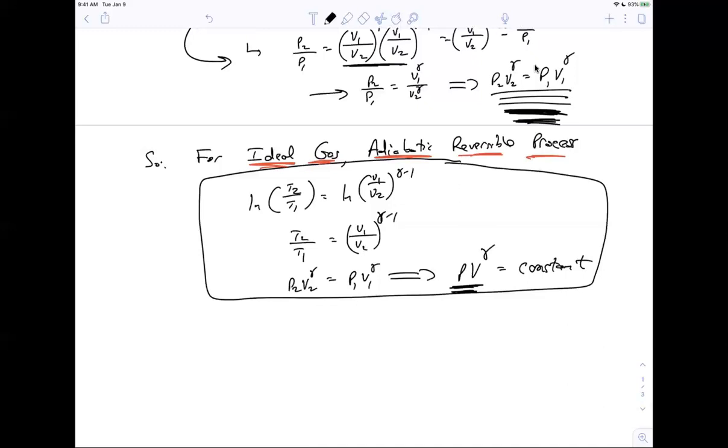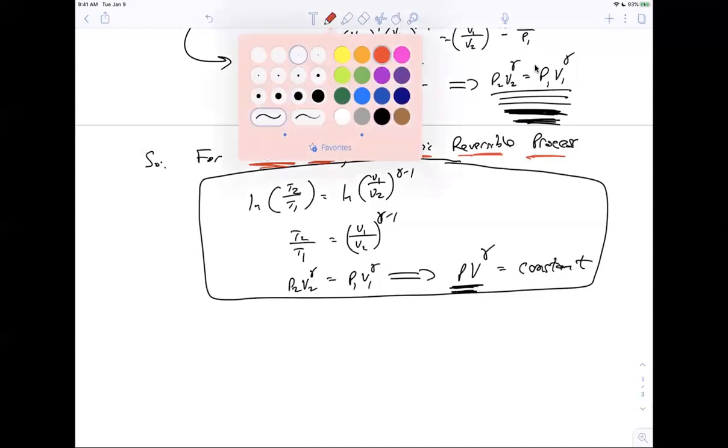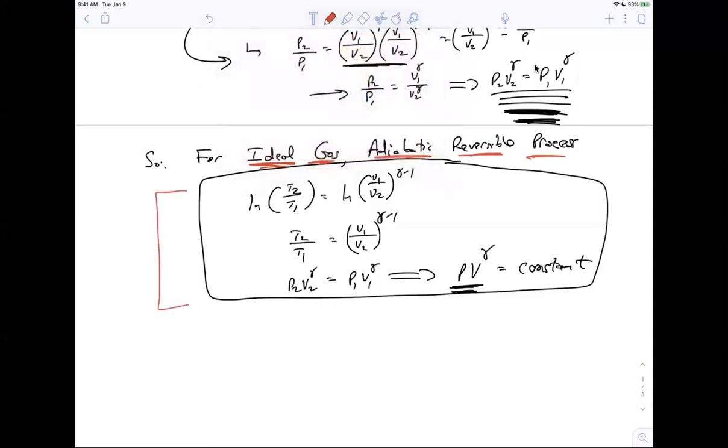So these are our major conclusions then for an adiabatic reversible process right here. Okay, so these were the relationships that we found applying the first law to the adiabatic reversible process of an ideal gas fluid.